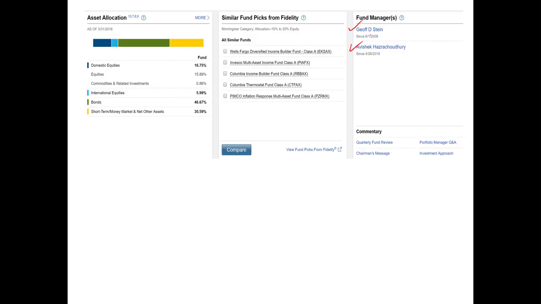fund. And what they choose to do is divide it out, at least as of the most recent snapshot date, as roughly 15 to 20% domestic equities. Looks like we've got about 5 or 6% international equities.